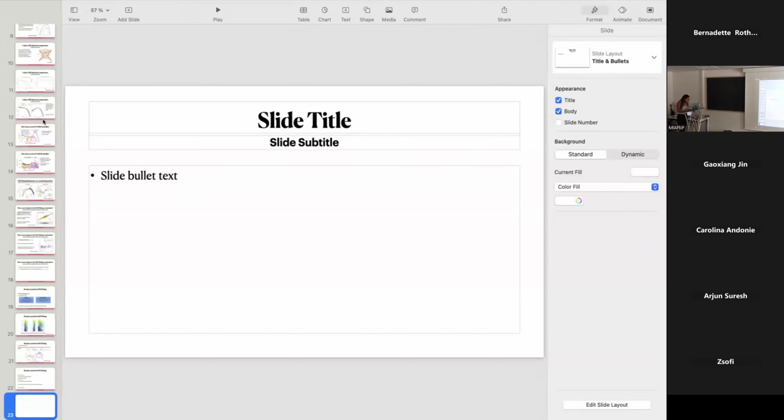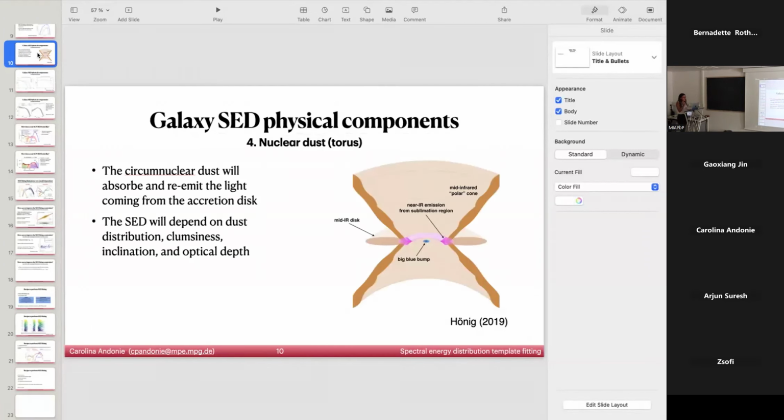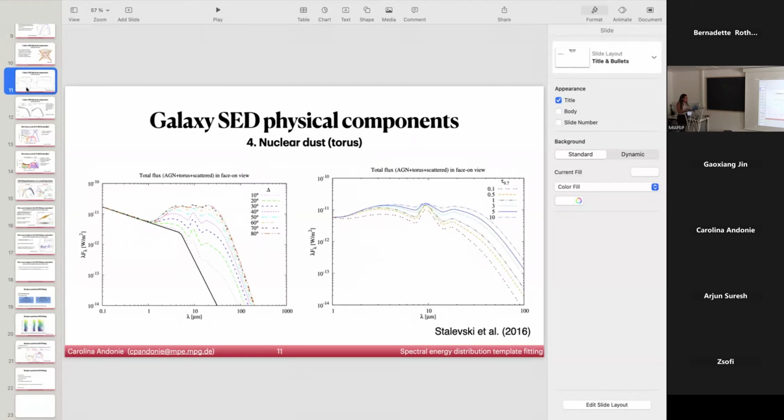Now, what some people have done, if we come back to this model, is that one of the explanations of this polar dust is that it is driven by outflows, right? So if we go to the Stalevsky model, I think that it was in the paper of Gaby Calistro Rivera in 2021 or something like that, she found that there was a population of AGN that was slightly colder in the mid-infrared, and they interpreted that as an outflow.